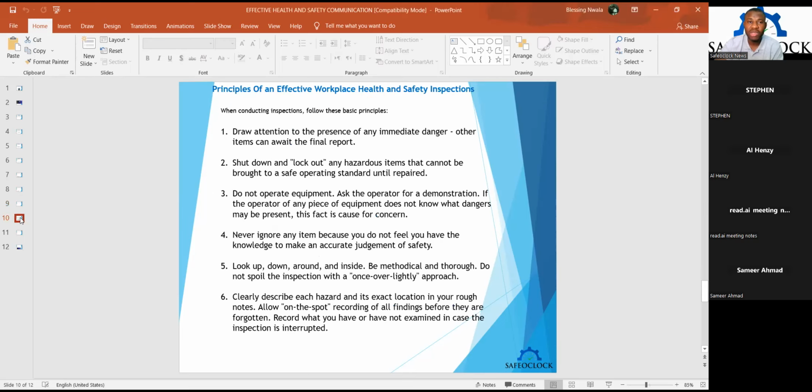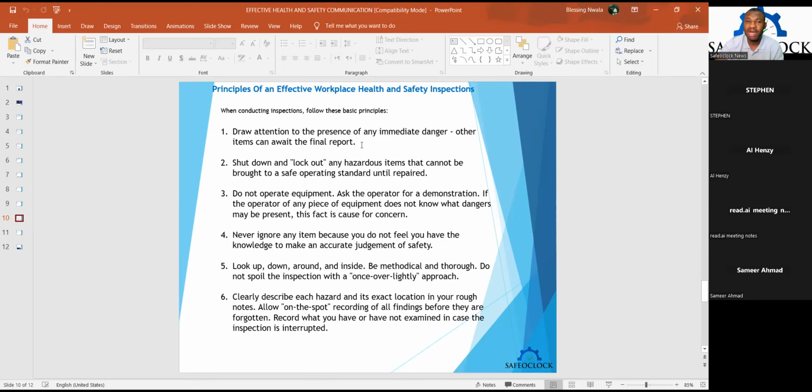Okay, so Mr. Stephen has actually pointed out some of these principles, the procedures you should follow to conduct health and safety inspection. The first one is that you should draw attention to the presence of any immediate danger.